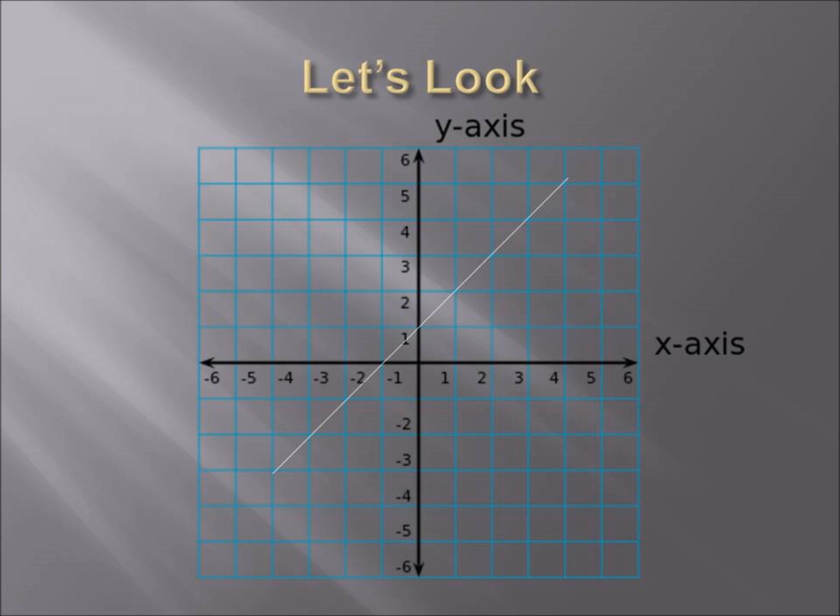If you look for the y-intercept, we once again go to the y-axis, and we look, where does the white line cross the y-axis? Here it's going to be at the point 1. Now, like I said a bit ago, the answer should actually be in an ordered pair.